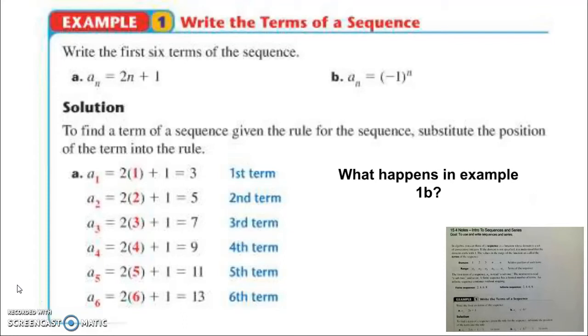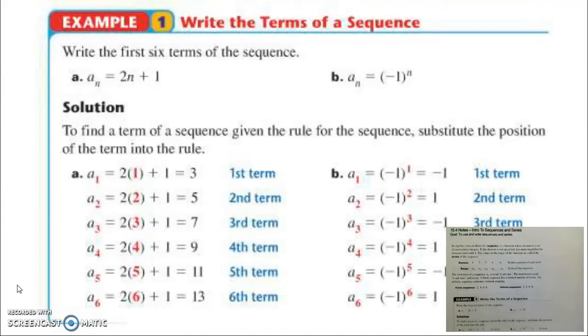Take a look and just make an estimate before you go any farther as to what happens in example 1b. A sub n equals negative 1 raised to the n power. So now our input is in an exponent. So when we have negative 1 raised to a power, remember, if I have an even number of factors that are negative, my product is going to be positive.